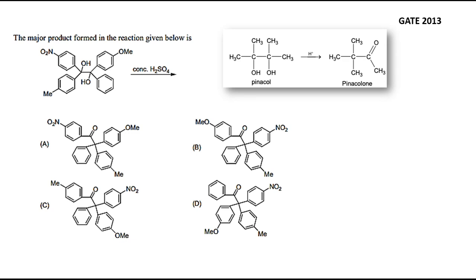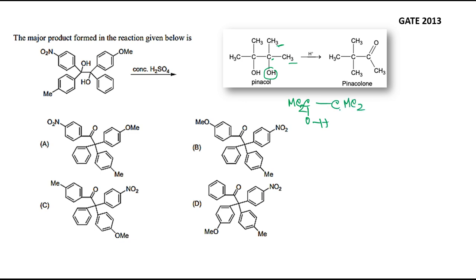In this case, what happens if we want to see it with this simple structure? First, here all the R groups are the same, but you have to protonate the OH where the carbocation that will be generated after removal of H2O should be stable. But here all the groups are the same. So if you are generating Me2COH, this is CMe2.